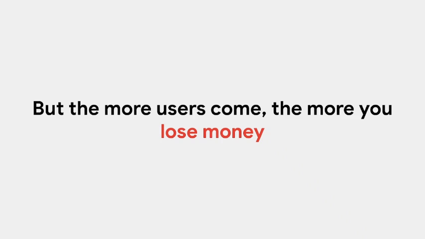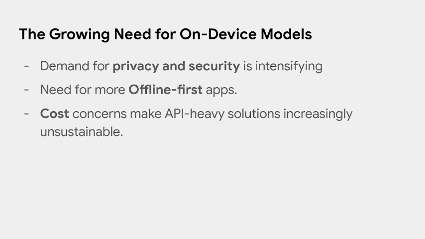Of course, the situation can be avoided in a couple of ways, but among the ways that can be used to avoid the situation, we focus on our main point: building on-device models. And if we're talking of on-device models, we try to see how the need for on-device models is actually going. Why do people want on-device models? The first point is the demand for privacy and security.